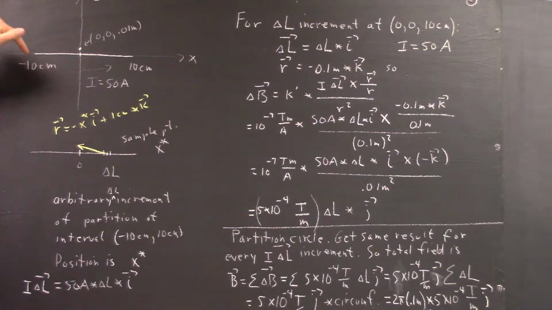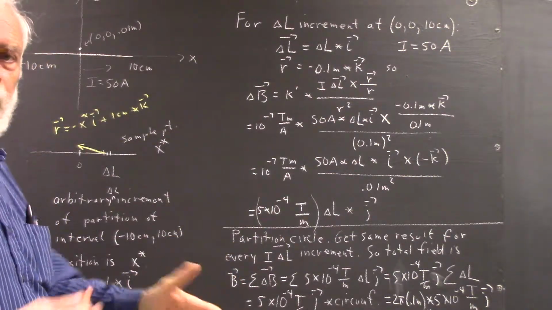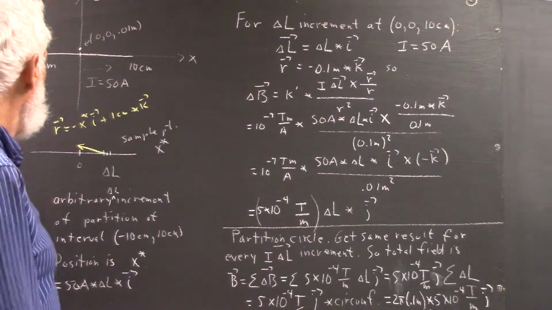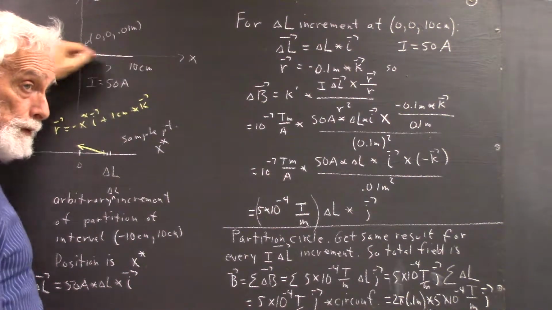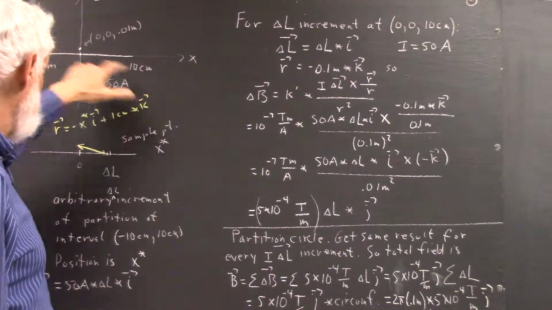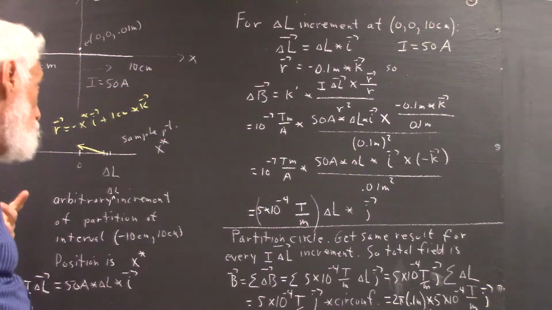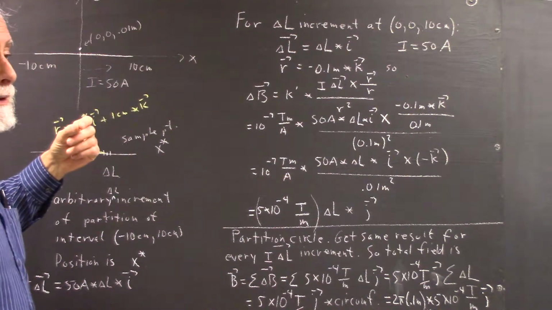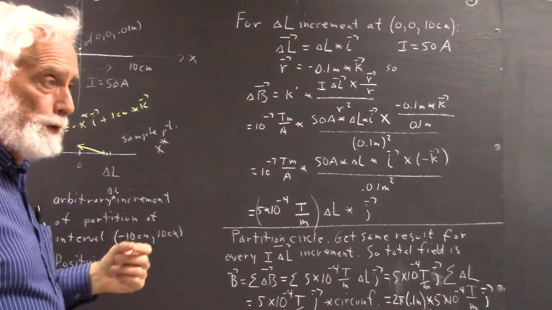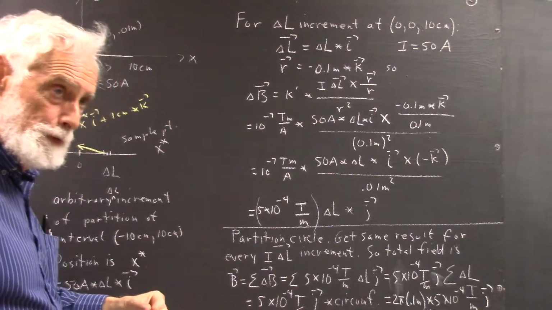So, the next thing I ask you to do is, okay, we're going to partition this. Actually, I didn't even mention a partition. I just said, because that should be automatic. You should understand. If we're going to try to find the magnetic field here due to the current in this segment, in this interval, we're going to want the contribution of the current from a typical subinterval.